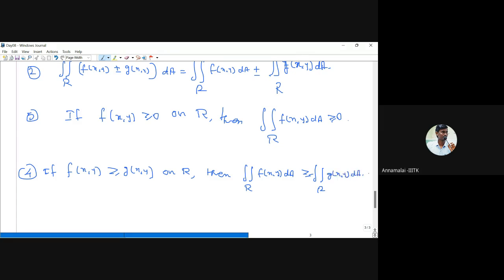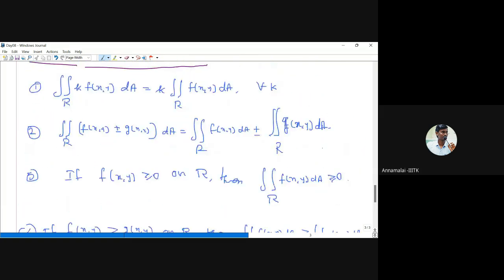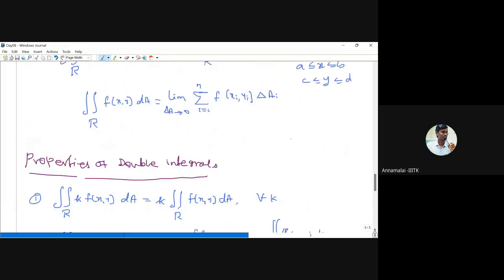The fourth property. Now suppose this rectangle R we can split into two partitions. Suppose this is a rectangle, and R can be a union of two portions: this is one portion R1, this is another portion R2. Suppose R can be written as the disjoint union of R1 and R2.